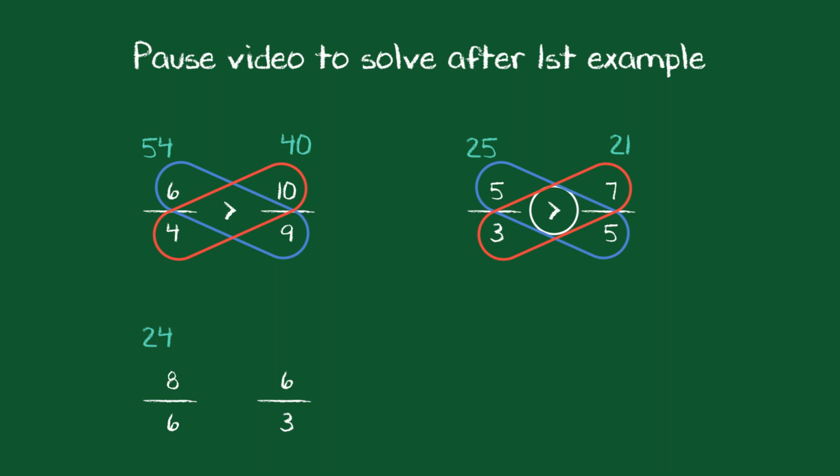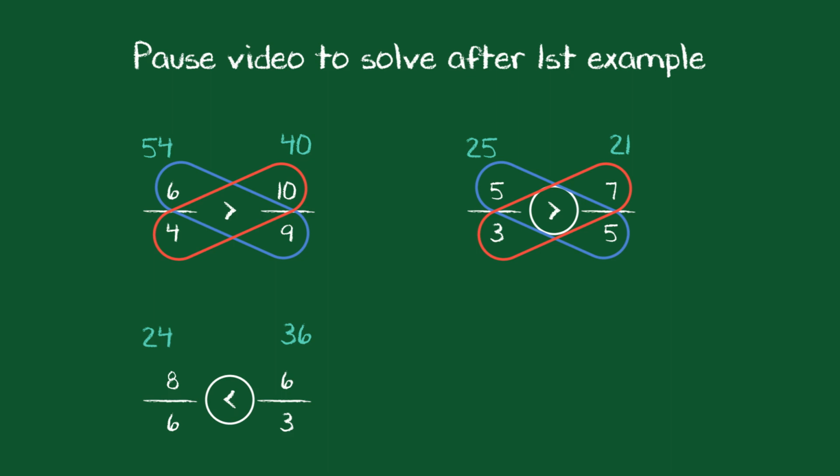The 6 factor multiplied by the 6 factor equals 36. In conclusion, we can clearly see that 24 is less than 36. The 24 is represented by 8/6, and the 36 is represented by the fraction 6/3.